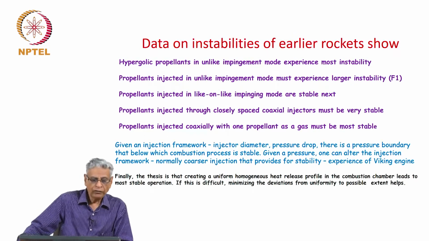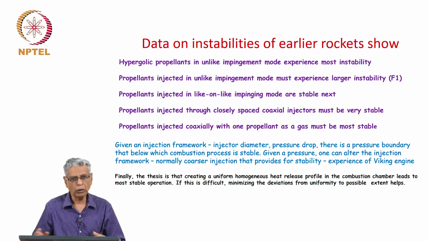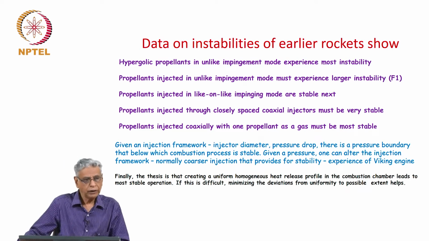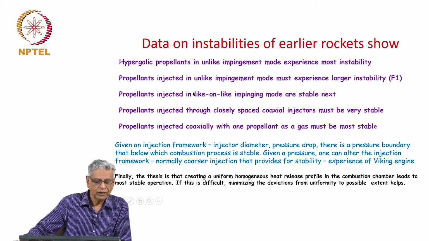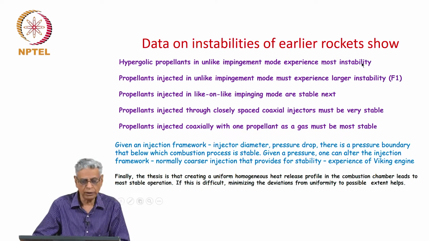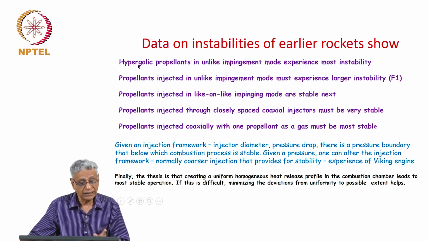If you look at the data on instabilities of earlier rockets, you have a fair amount of information in literature. There is a document called SP194, 8113, and several others from Russia and other places. You can infer qualitatively the following features. The hypergolic propellants in an unlike impingement mode experience the greatest instability. We'll look at possible reasons a little later. Propellants injected in unlike impingement mode must experience larger instability, even if they are not hypergolic.